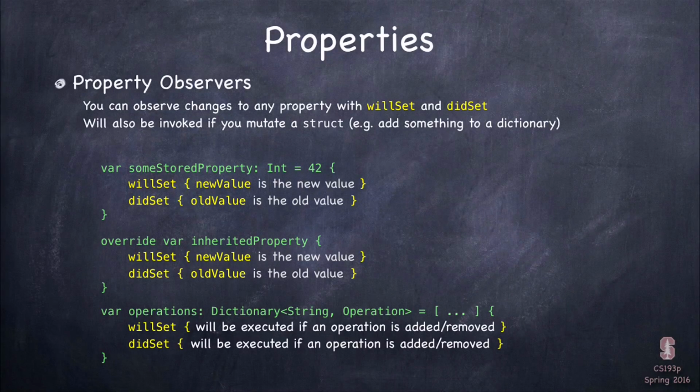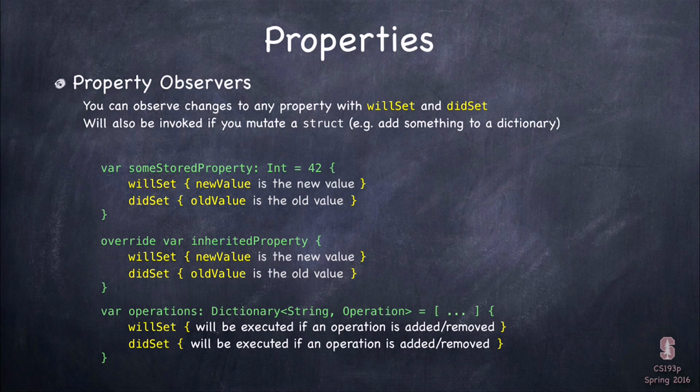Also, one thing to note about these willSets and didSets is that if you mutate a value type, they will get called. So operations here from our calculator brain, dictionary string operation, that is a value type. Dictionary is a value type, right? So if you add something to this dictionary, willSet and didSet will get called.